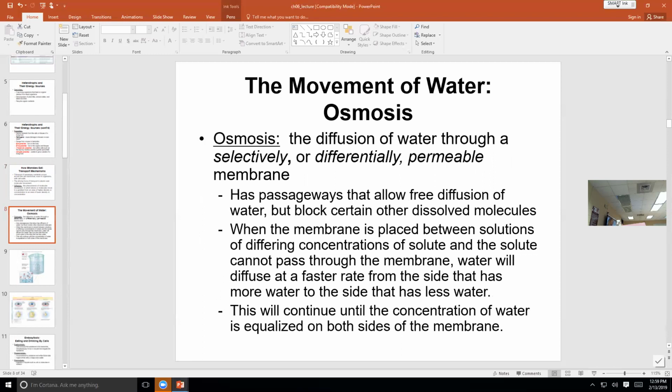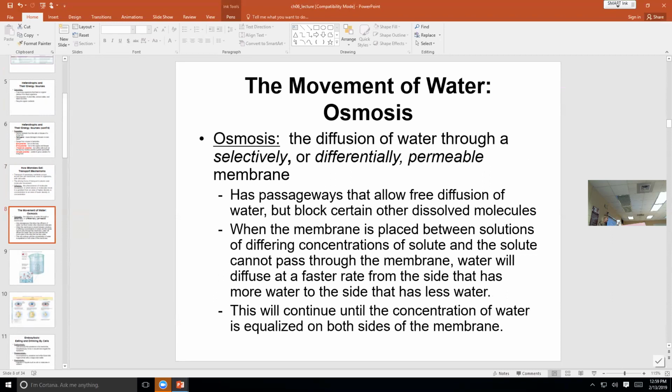And water will always move down its gradient. There's no way that you can move water against its gradient at a cellular level. We can do it if we have some pumps, and we can do it if we put in a ton of energy, but at a cellular level, which is where life is, water moves down its gradient.